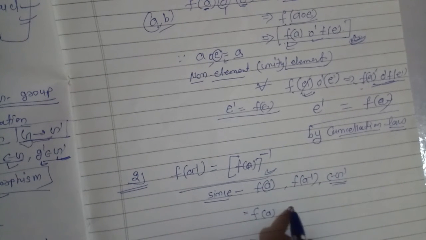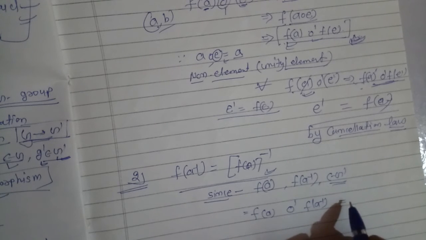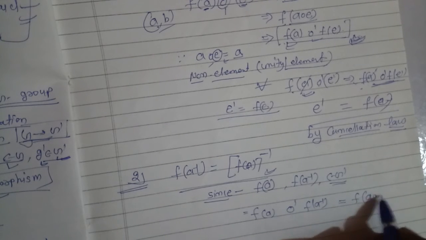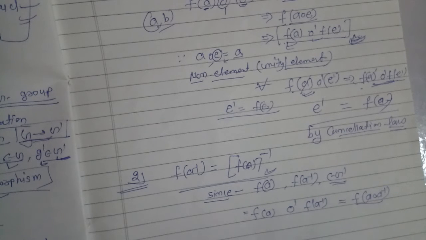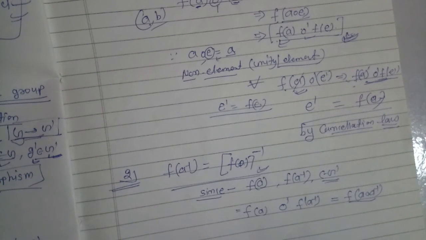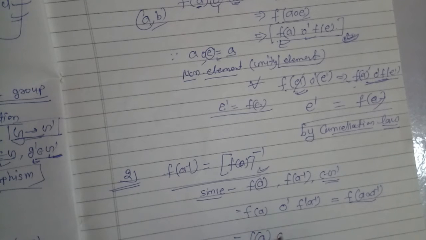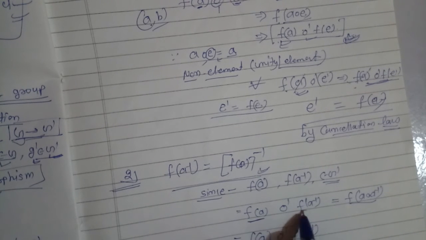F A operation F A inverse equals F A O A inverse. Okay, F A O A inverse. F A operation F A inverse, F A and F A inverse. Okay, that is the call.